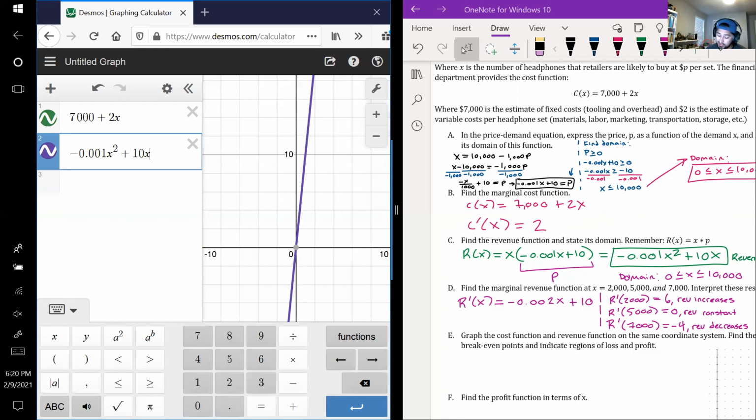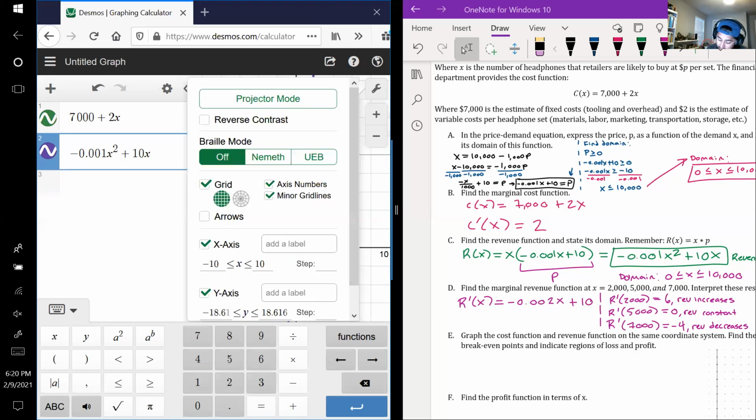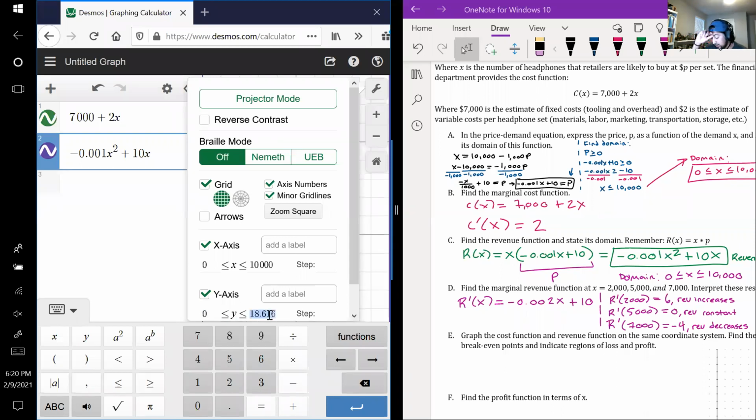And then next, to see everything, I'm going to put our domain down, which is 0 to 10,000. So if you hit this little wrench icon in the top right corner, you can change your domain down here, 0 and 10,000. And then for my y-axis, well, we don't want anything in the negative, so I'm going to start with 0, and I'll try 100 first.